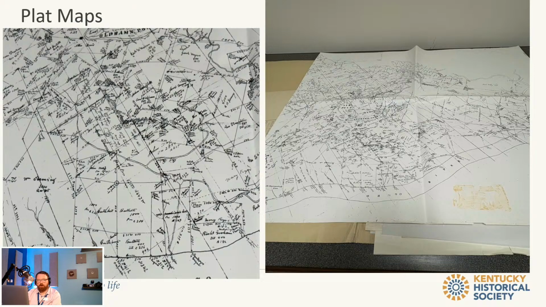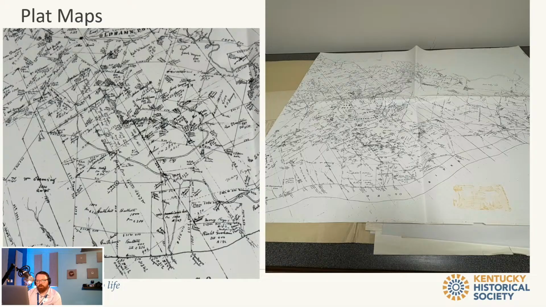Some of these maps, especially in our main library area, are going to be more like copies that we've got in folders that patrons can come in and request to look at and pull out. We also have originals of these types of maps in our archives, but sometimes these copies are a little more convenient, especially if people are just trying to follow migration patterns of their ancestors, and this is a little quicker.